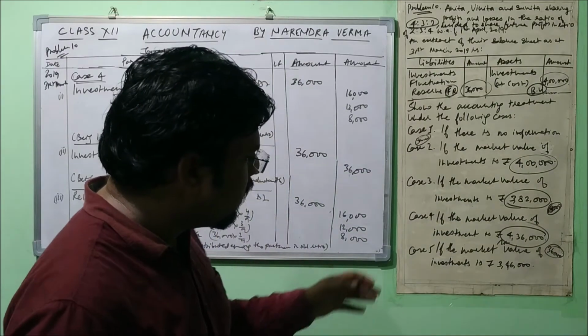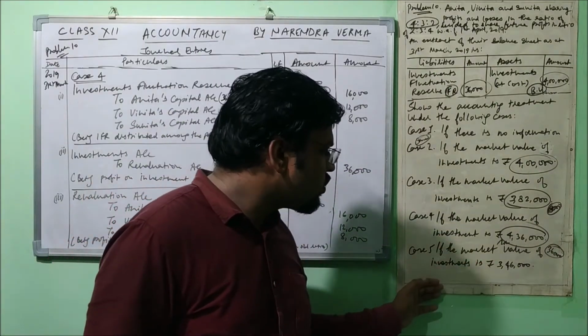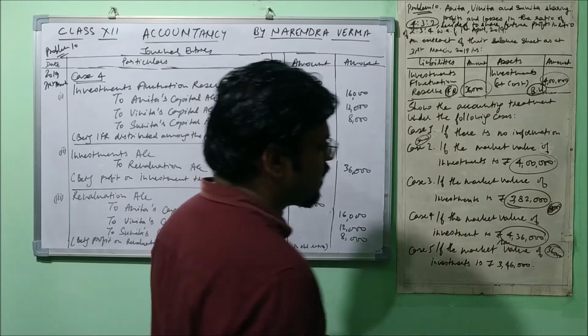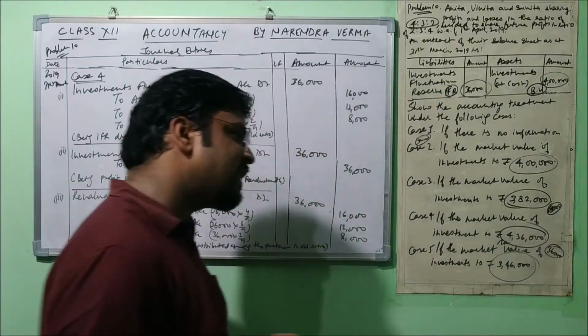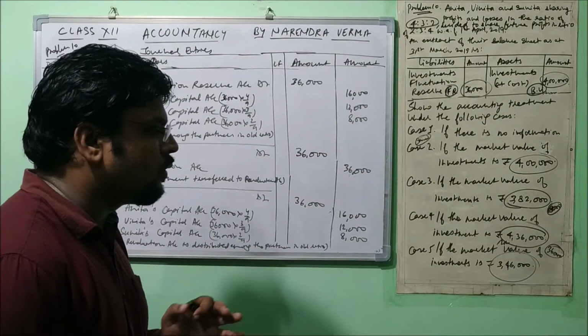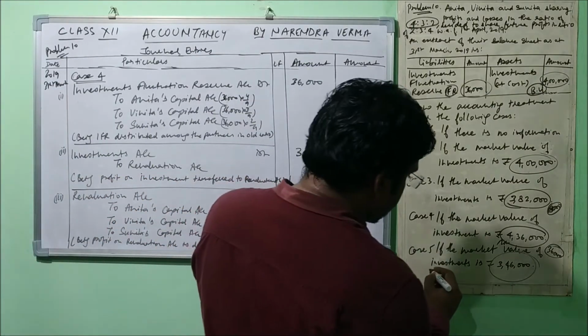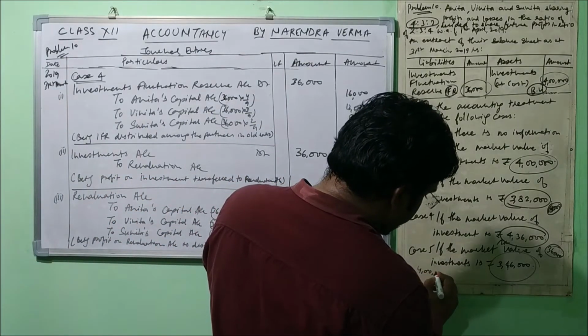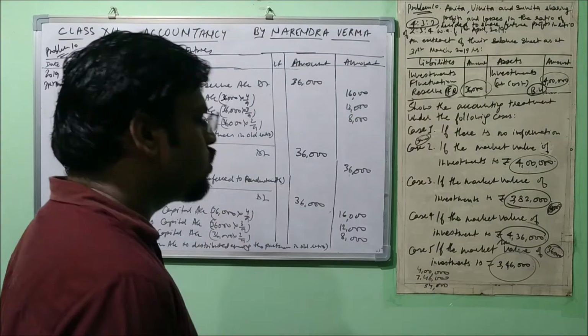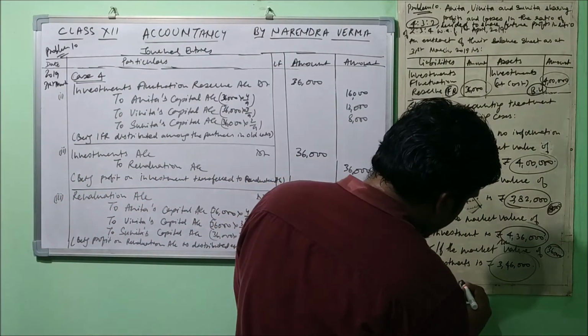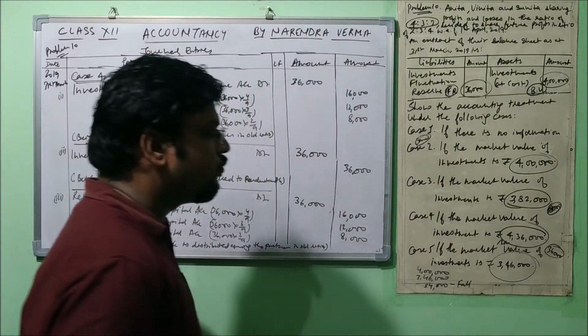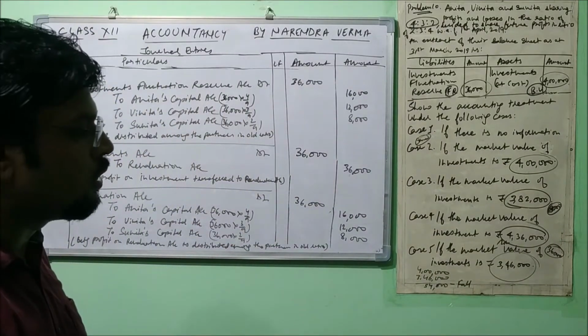What does it say? If the market value of investment is rupees 3,46,000. So this is the case of fall, but we need to see how much amount of fall is there. Very first we compare it with 4 lakh, then we come to know. So the fall in the value of the investment is of 54,000, right?